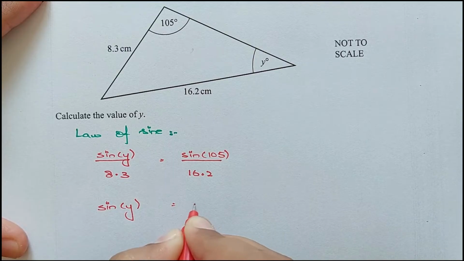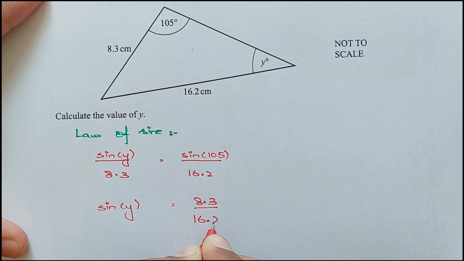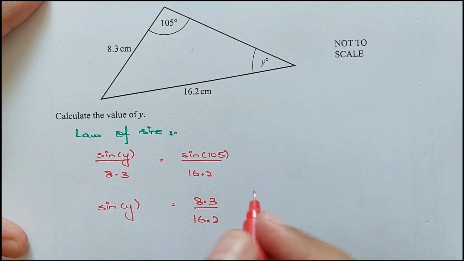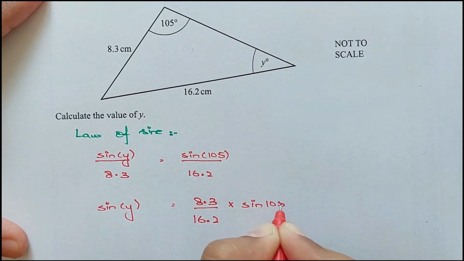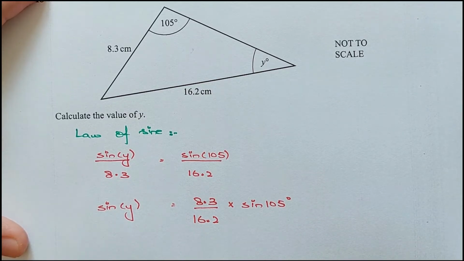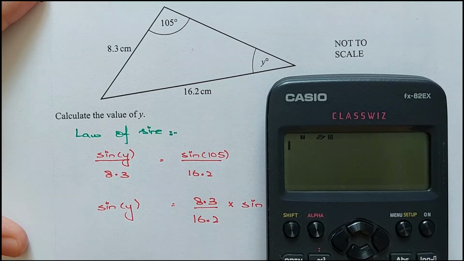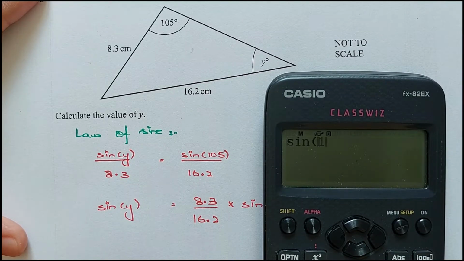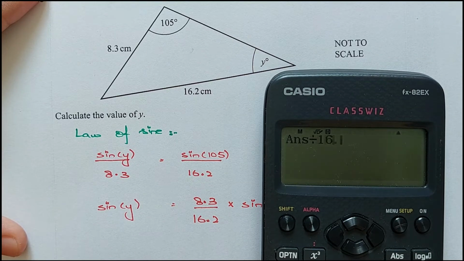Sine of y is going to be 8.3, the cross multiplication, over 16.2. 8.3 is multiplied with this quantity, times sine of 105. So angles are in degrees. Keep your calculator in degrees. For calculation, it is already in degrees. So what is sine 105 times 8.3 divided by 16.2?